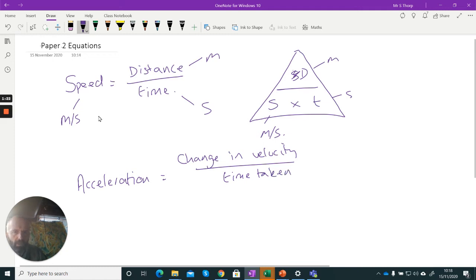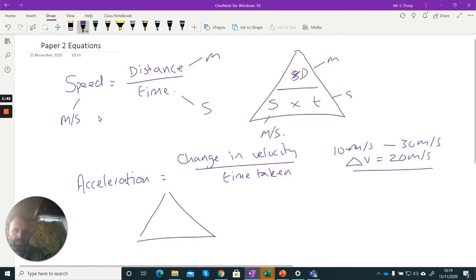So the example for this would be going from 10 meters per second up to 30 meters per second. So the change in velocity is equal to 20 meters per second. So that's how you work out the change. And we can put this into a triangle. So it's on the top in the equation, so change in velocity, they sometimes write it like this, that little triangle, means change in velocity is acceleration times by time.